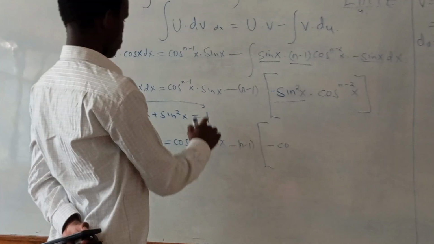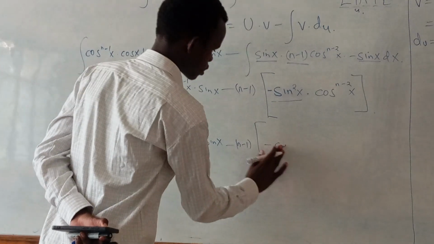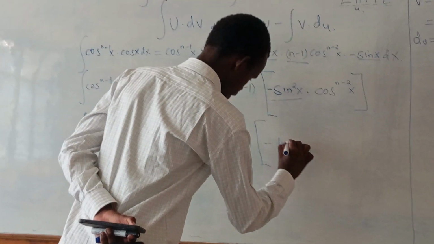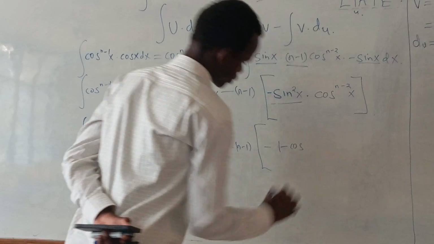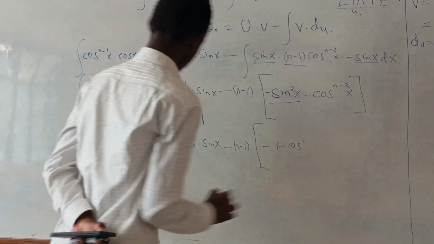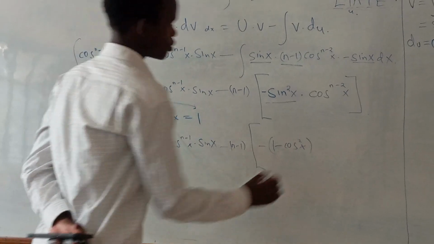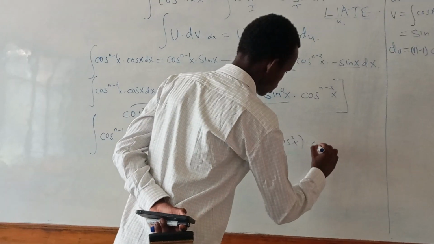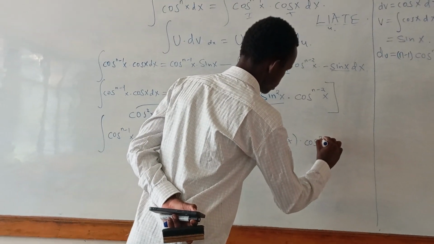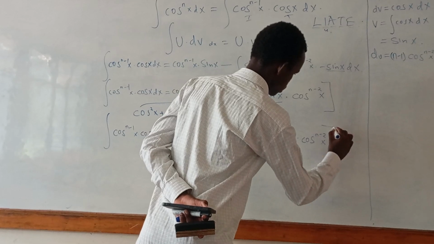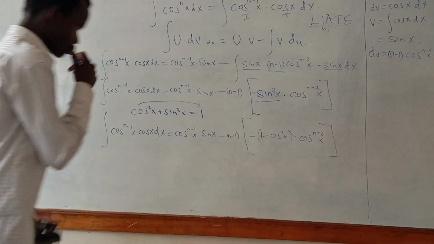Cos, it will be 1 minus cos squared of x. Again, that multiplied by that cos to the n minus 2 of x, close the bracket.